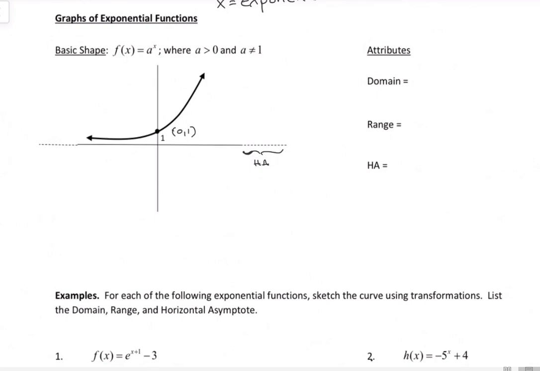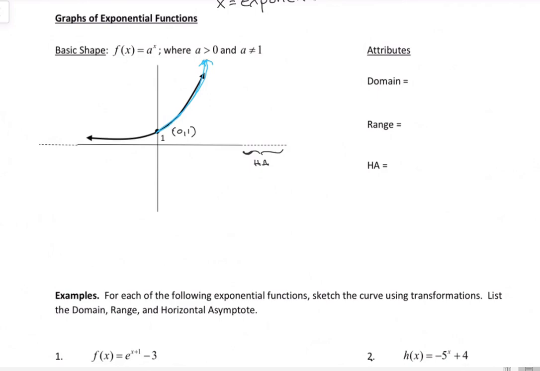Now, as far as the shape of the curve, to the right of x equal to 0, to the right of that y-intercept, my curve continues to climb very rapidly. The bigger the base on your exponential function, the faster that climb would occur, so the steeper it would be.